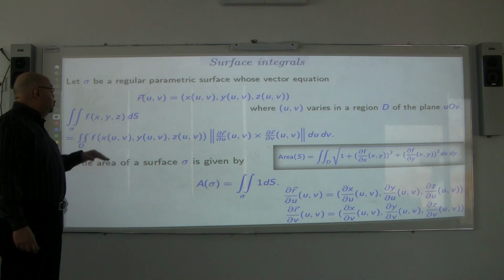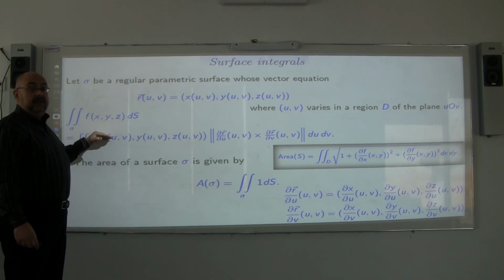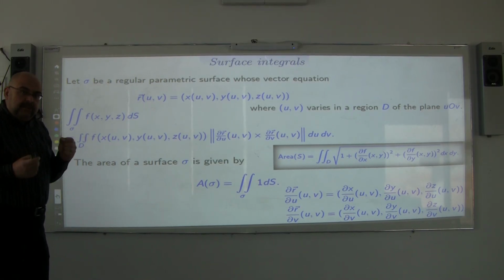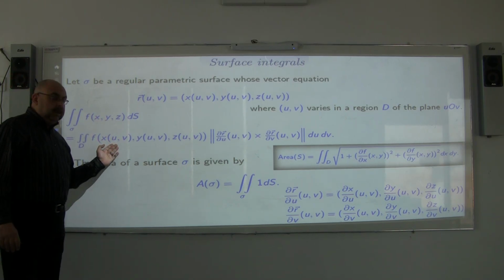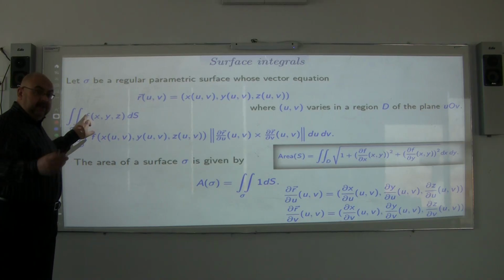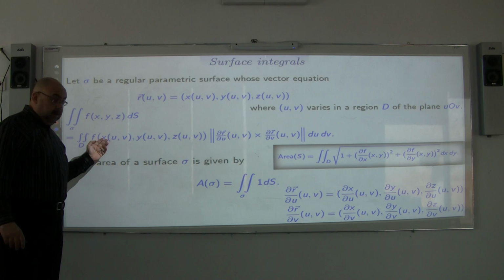What we are saying is we can parameterize this relation into u and v. It's really very simple, this way of translating the surface integration into a double integration. All I have to do is to get f as a function in R, so replacing x, y, and z by their components in u and v.